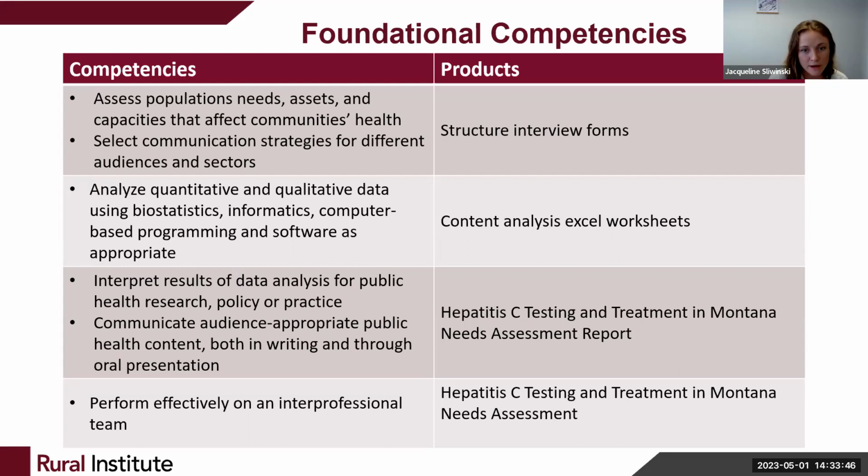And then the final needs assessment report for the hepatitis C needs assessment was the product for the last three chosen competencies, which were to interpret results of data analysis for public health research, policy or practice, and communicate audience-appropriate public health content, both in writing and through oral presentation, and to perform effectively on an interprofessional team.